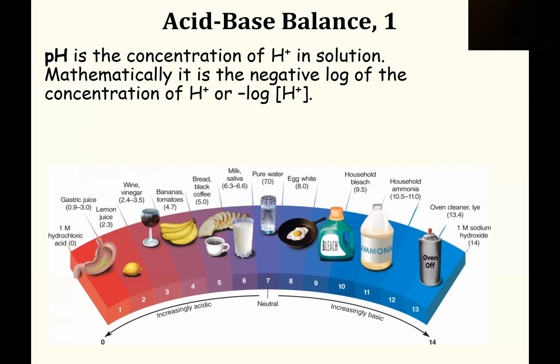So pH is the concentration of hydrogen ions in solution. Mathematically, it's the negative log of the hydrogen ion concentration, also minus log hydrogen ions.